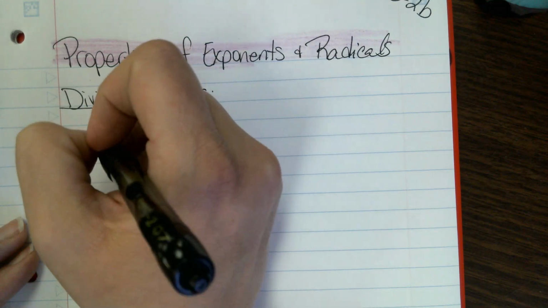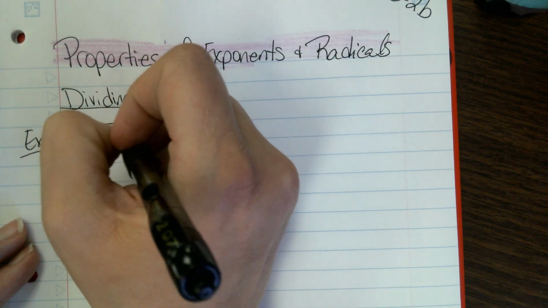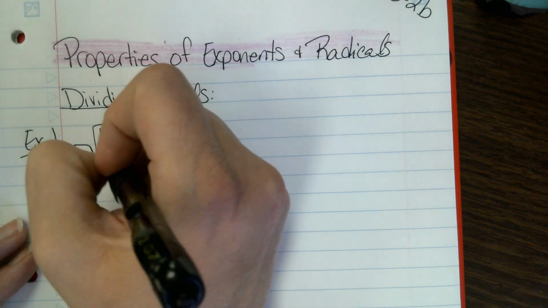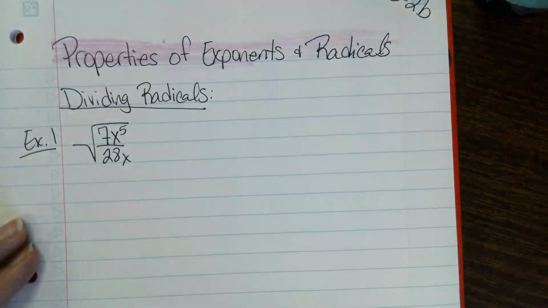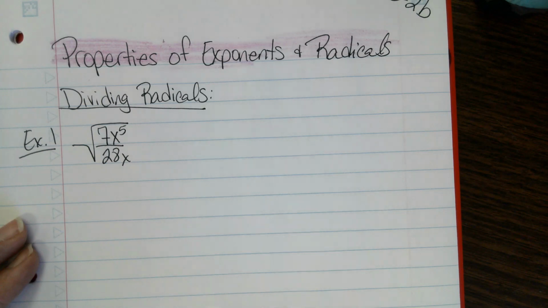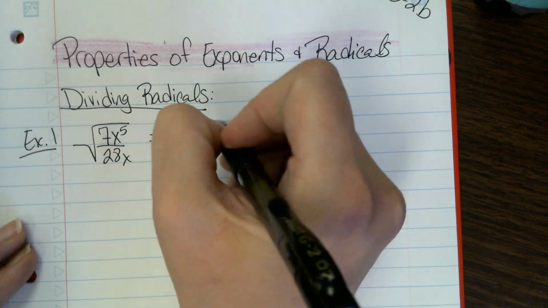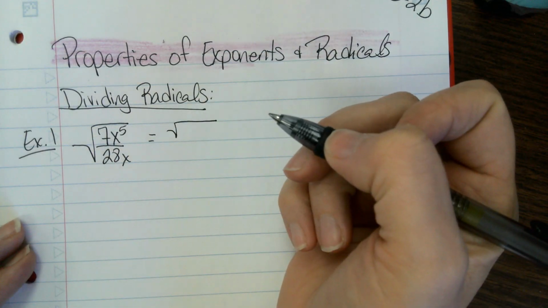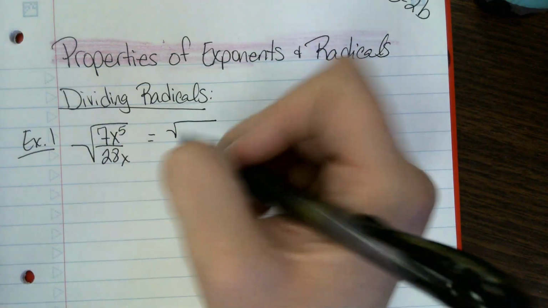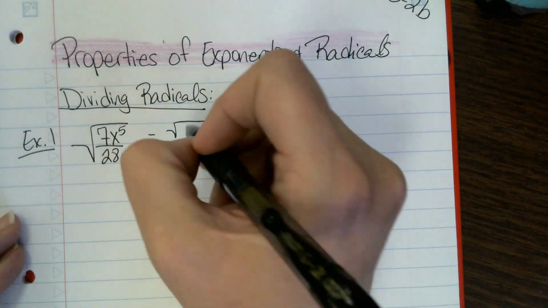So let's say I have the square root of 7x to the 5th power over 28x. Again, you can split these up if it makes it easier. I like to do that. I don't like to work under one big radical sign.